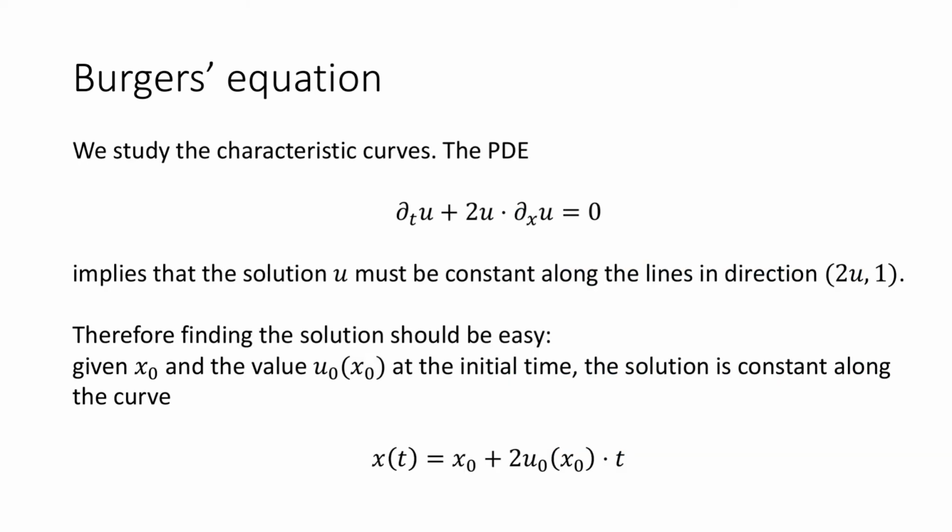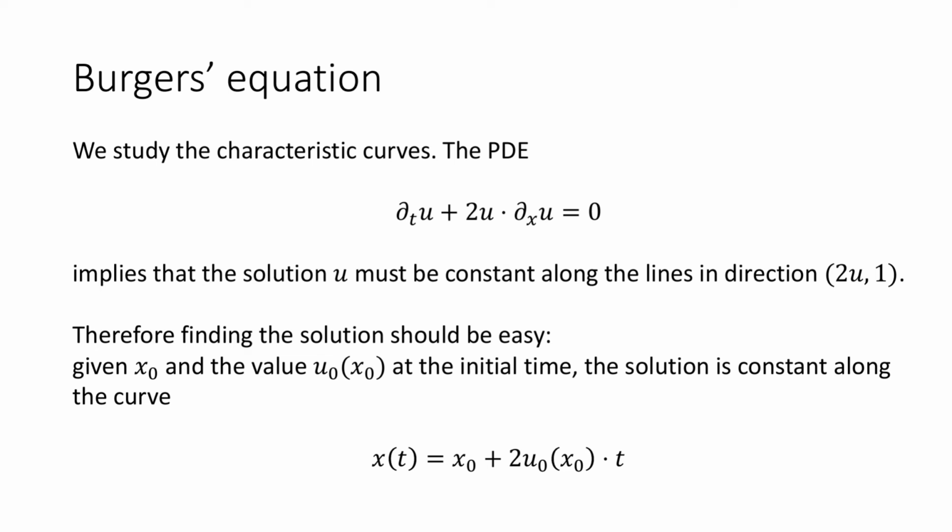Let's have a look at the characteristic curves of Burgers' equation. So if you write this equation in the form time derivative of u plus 2 times u times x derivative of u equals 0, then we already see that the solution u must be constant along the lines in direction (2u, 1). We go 2 times u steps in the x direction and 1 step in the time direction. So in principle, finding the solution should be easy.